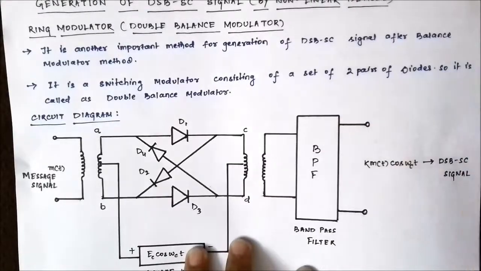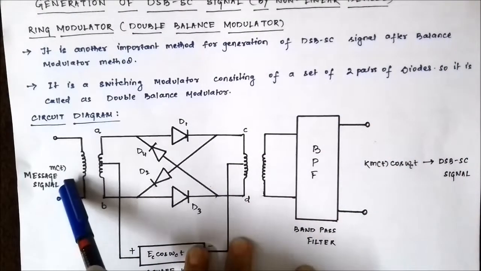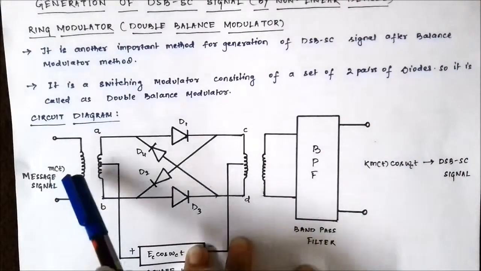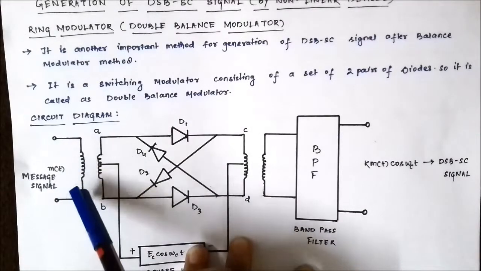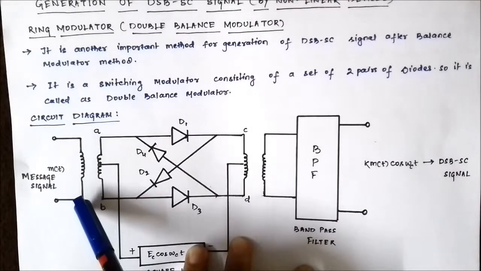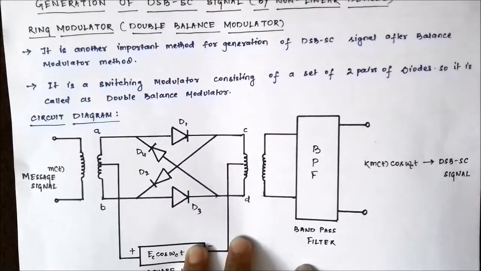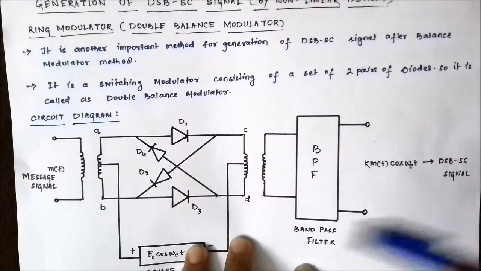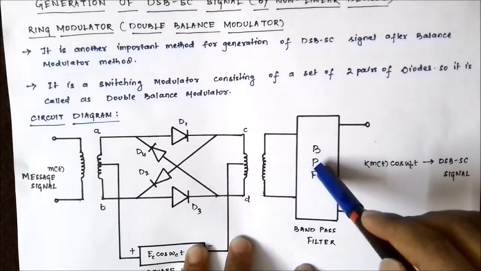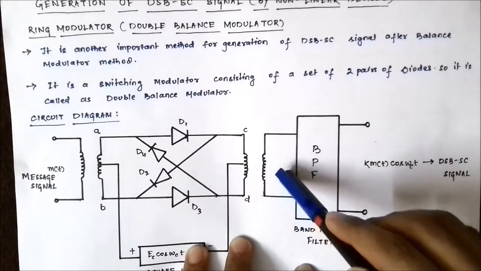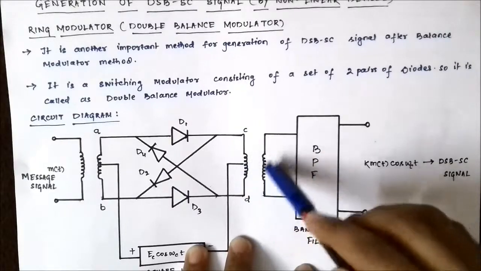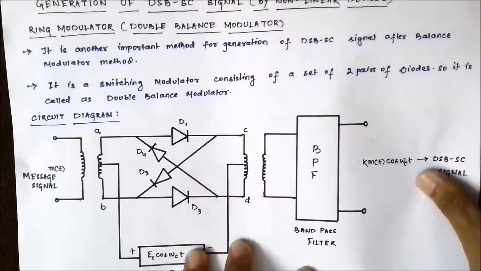The message signal is connected to the primary winding of the first transformer, while there are 4 diodes which are connected in this fashion. The output, which is fed to the band pass filter, is taken across the secondary winding of the last transformer or the second transformer.